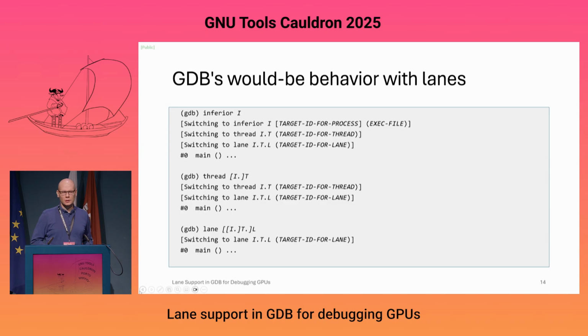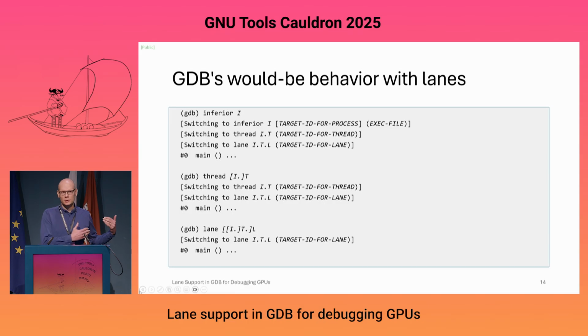For instance, it could be the process ID or some other kind of identifier. It's defined by the target. And then for the thread, there will be another identifier that's defined by the target, and for lane, also another identifier.